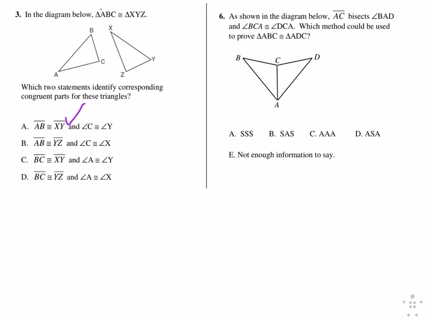So right here, AB, the first two letters are congruent to XY, the first two letters. That works. And then next, when I look at angle C, which is the last letter, it says angle C is congruent to angle Y. Well, that doesn't match up because angle Y is in the middle, so A doesn't work. Then B says AB is congruent to YZ. Well, that doesn't work because we already know that AB has to go with XY.